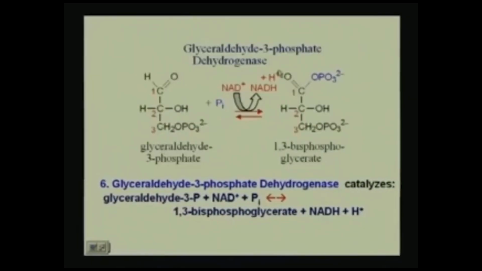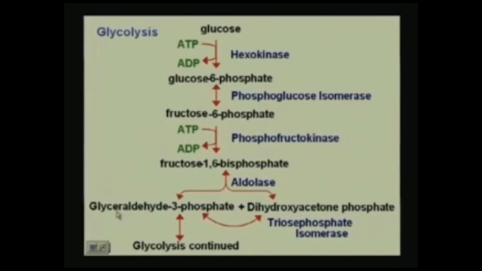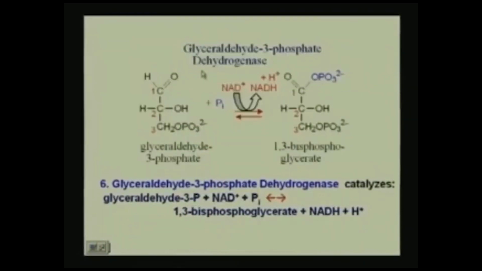Okay. So this is our step number 6. If you remember, we reached glyceraldehyde 3-phosphate after the action of aldolase on fructose 1,6-bisphosphate. So our next step is the formation of 1,3-bisphosphoglycerate from glyceraldehyde 3-phosphate.